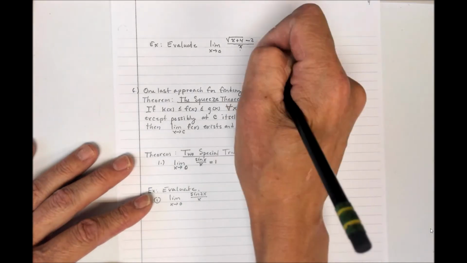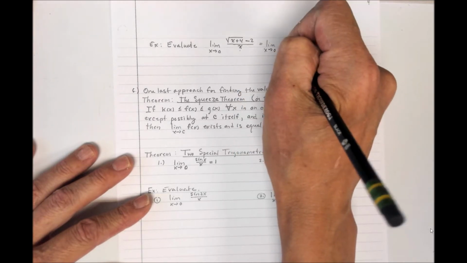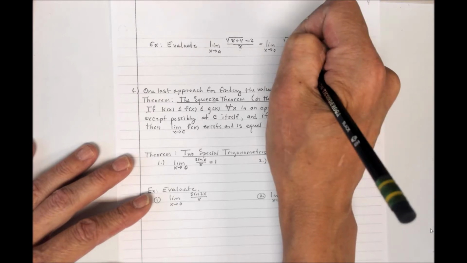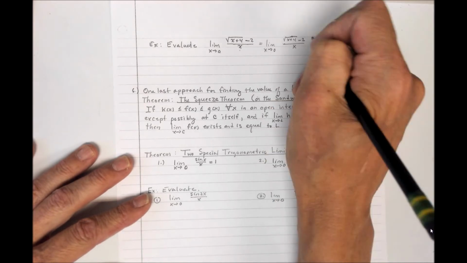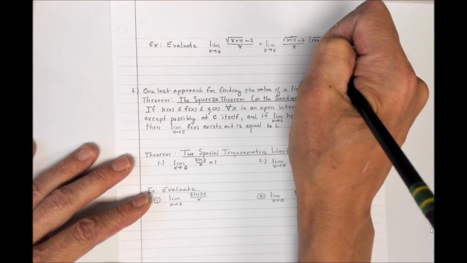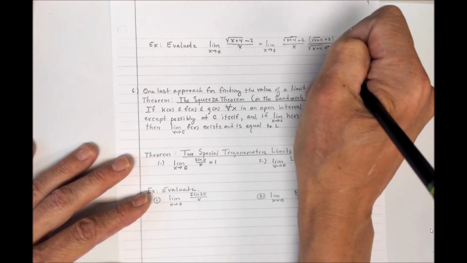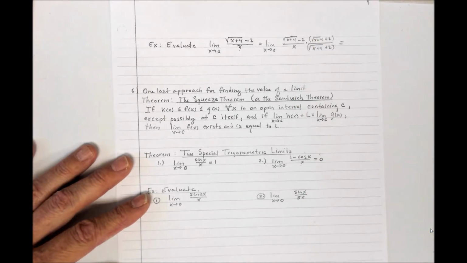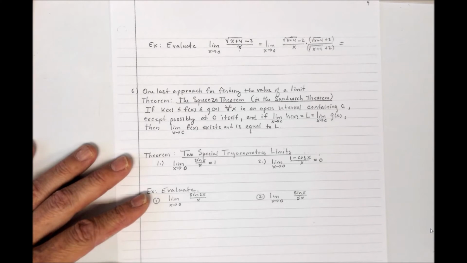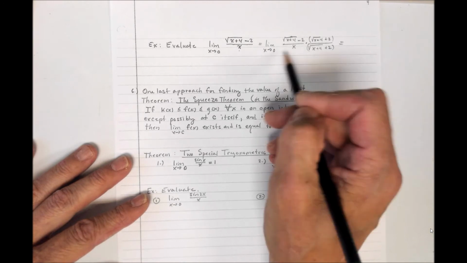So that would give me the limit as x goes to 0 of the square root of x plus 4 minus 2 all over x, and I'm going to multiply by the square root of x plus 4 plus 2 top and bottom. I hope you'll see why in just a second. The numerator is going to simplify very nicely, and the denominator, this factor down here, is not going to give me 0 if I plug 0 in.